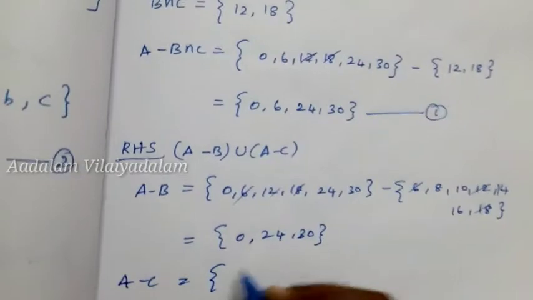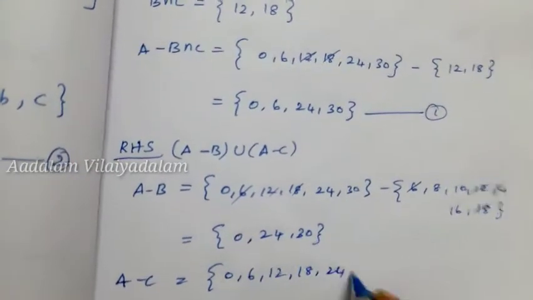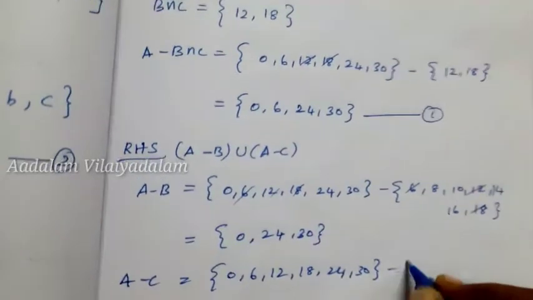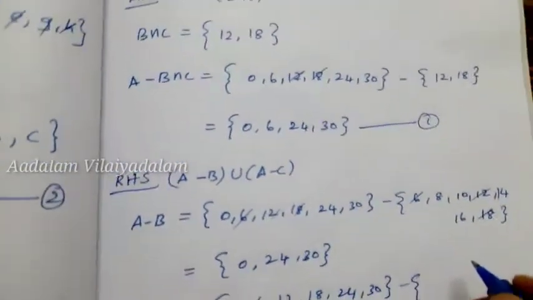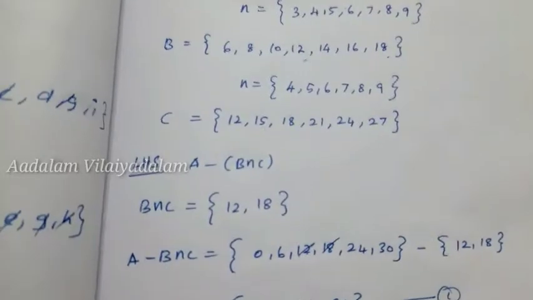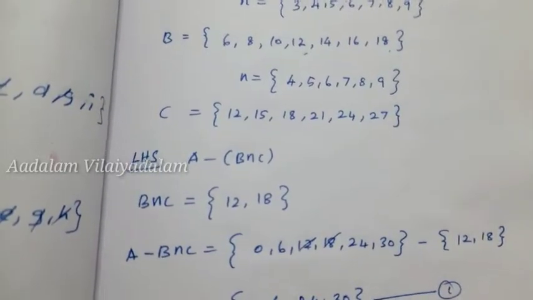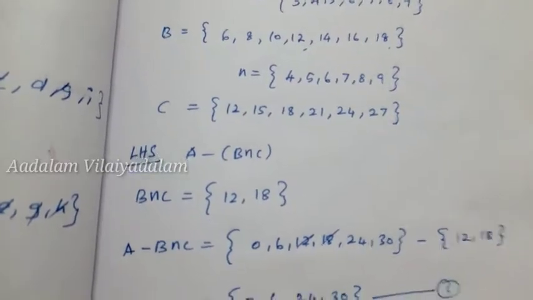Now we need to find A minus C. That is 0, 6, 12, 18, 24, 30. Subtract the C, that is 12, 15, 18, 21, 24 and 27.